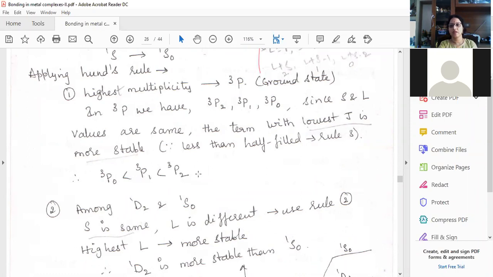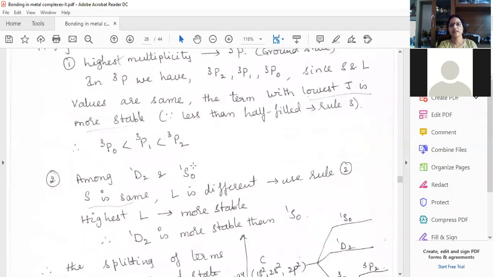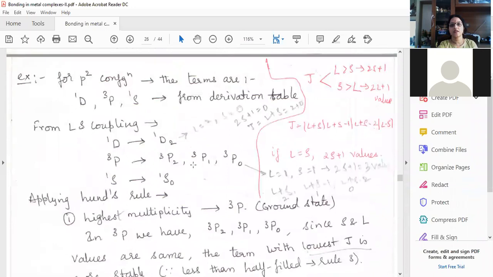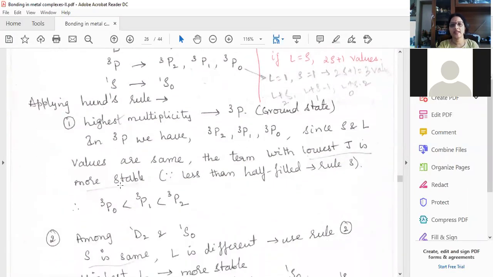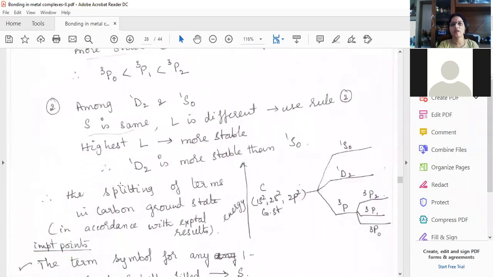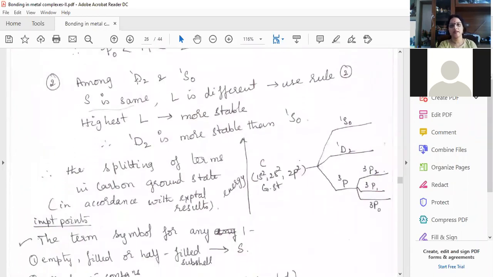So we know that. We have done with the triplet P. Now we should study the singlet D and singlet S. Among these two, the multiplicities are the same, so I should go to the second rule, which states that whichever has the highest L value, whether it is D or S, will be more stable.